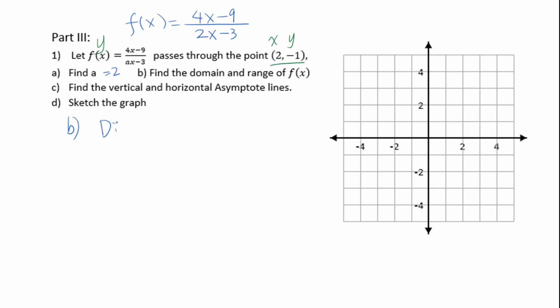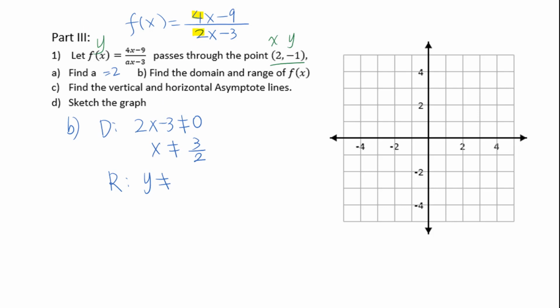Domain: we need to make the denominator 2x minus 3 not equal to 0. Then x is not equal to 3 over 2. For the range, y is not equal to, just check the coefficient of x.